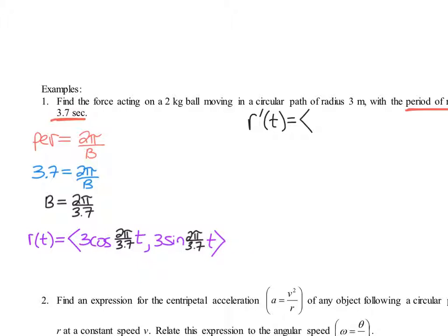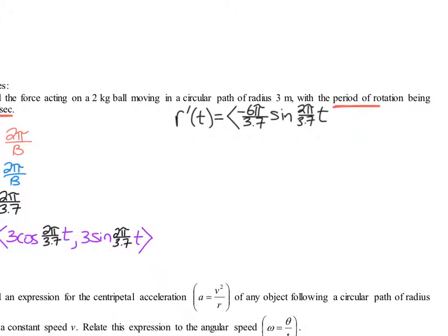So what we're looking at here is a negative 6 pi over 3.7 times the sine of the 2 pi over 3.7 t.